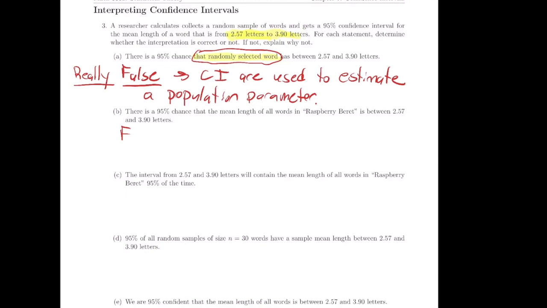Because we're not using it to approximate the length of a single word. B is false, not as severely false as A. It does have the right idea, referring to the fact that we are trying to approximate the mean length of all words. That's a good thing there. For someone that said false, do you want to share why you thought that was false?